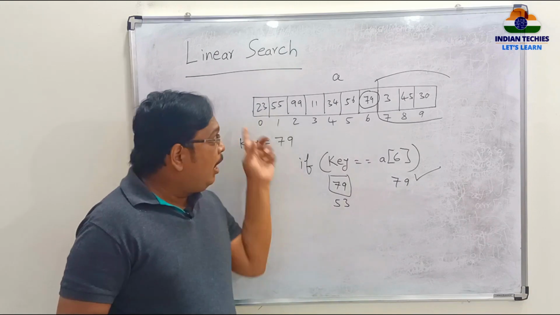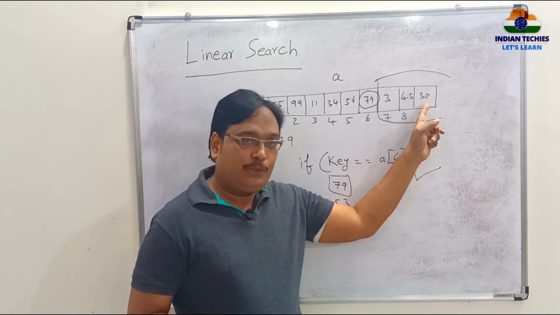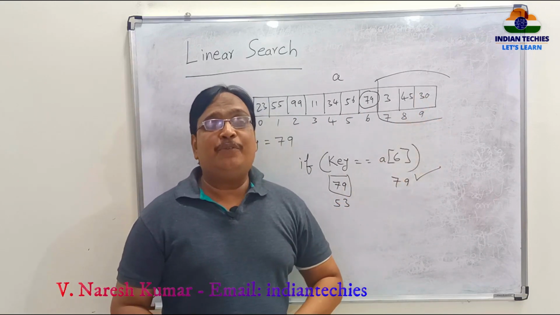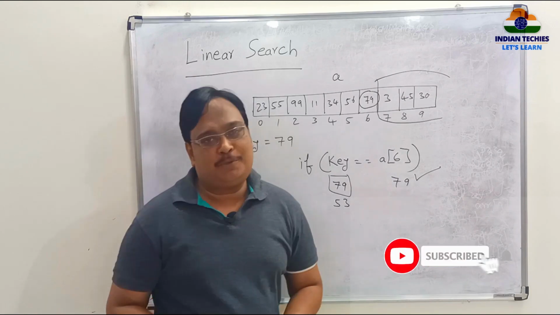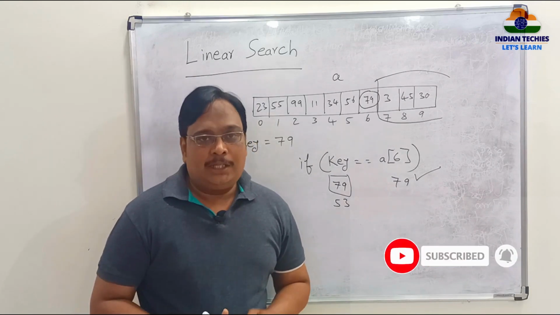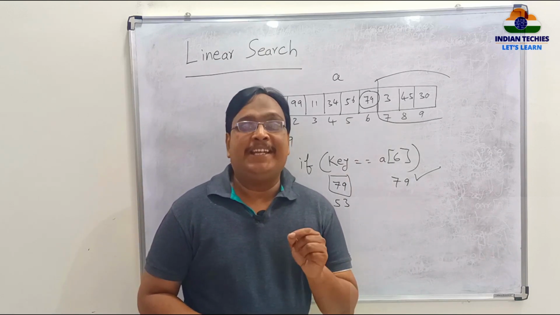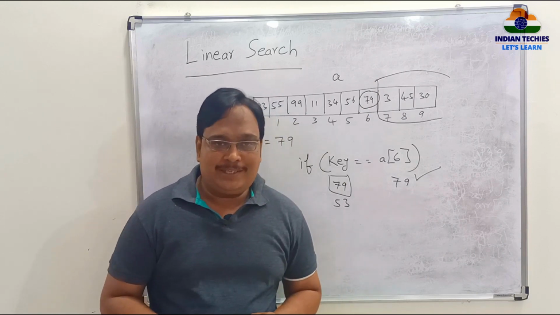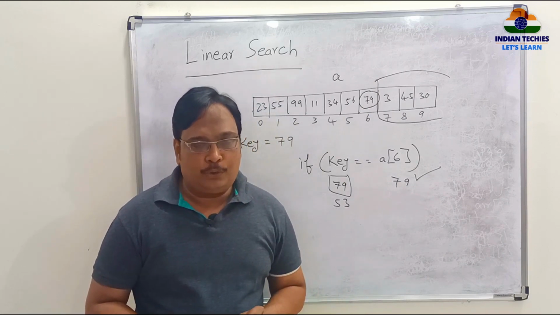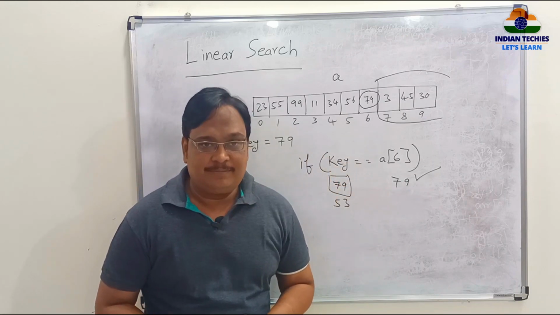Situation number 2 is after comparing all the elements in the array, that is, once you reach the end of the list, still your element that you are searching is not available in the list, then you stop searching. Right? These are the 2 situations where you stop your linear search. Now, we will see an example program of how to perform this linear search.